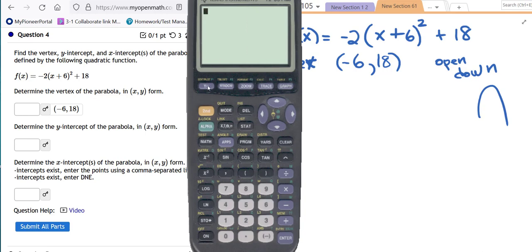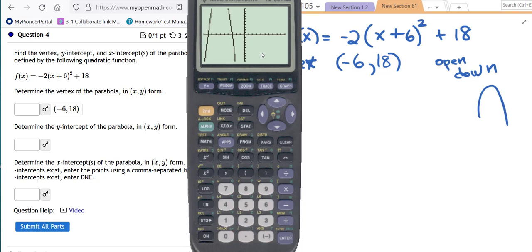We'll clear y equals, clear this one out. So we have negative 2 parentheses x plus 6 close to the second power plus 18. And we're going to say graph.